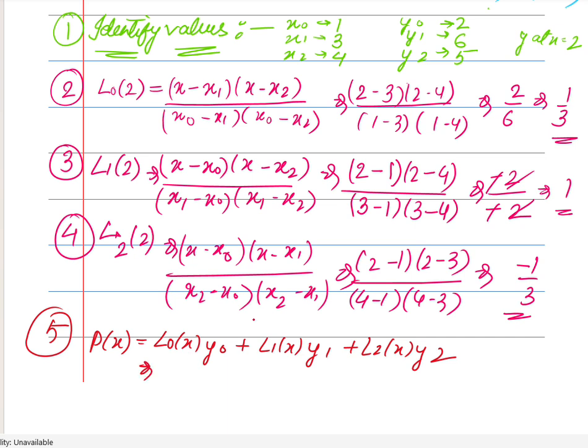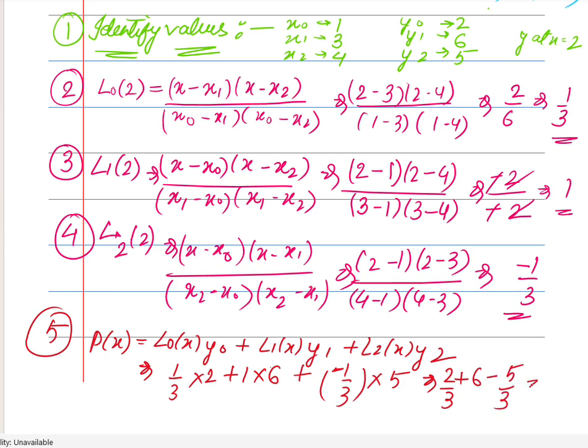Putting everything here, L naught of x is what? 1 by 3 into y naught. y naught was what? 2, plus L1 of x was 1 into y1 was 6, plus minus 1 by 3 into 5. And when you put all of this together, what you'll get? You'll get 2 by 3 plus 6 minus 5 by 3, which would be equal to 6 minus 1, and that would be equal to 5, right? Okay, that would be equal to 5.